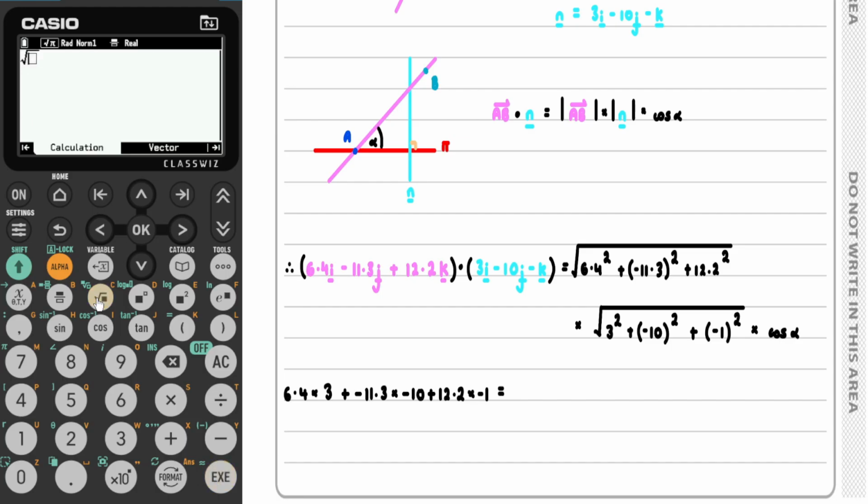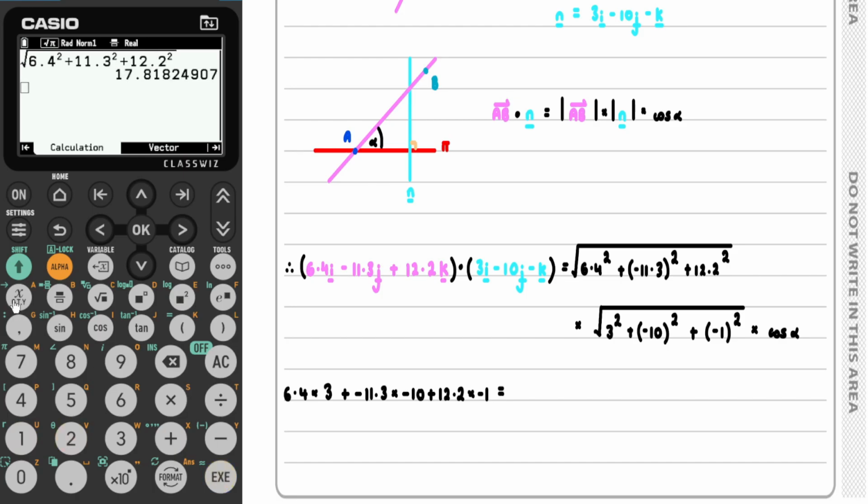We've got the square root of 6.4 squared plus 11.3 squared plus 12.2 squared.